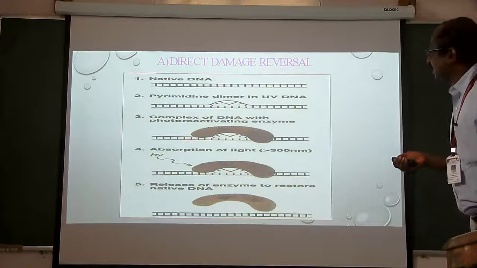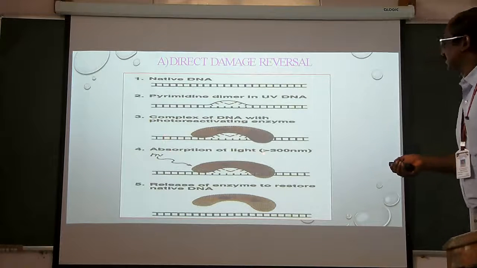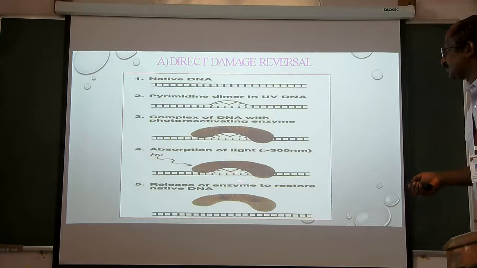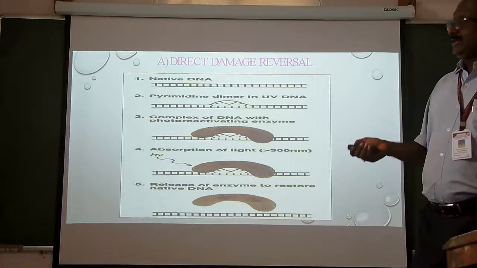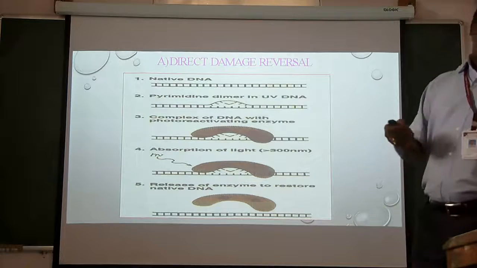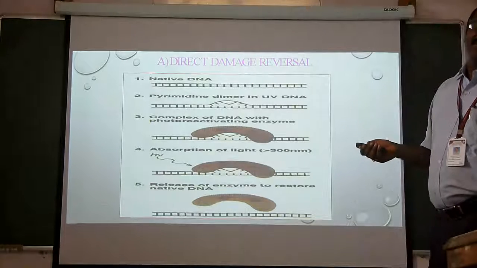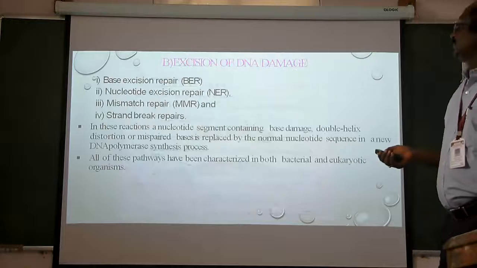Immediately the enzyme comes there and absorbs the light, the UV light is absorbed, and the enzyme is released to restore the DNA. With the help of these enzymes, the DNA can be restored again, and this is what we call the direct DNA repair mechanism.